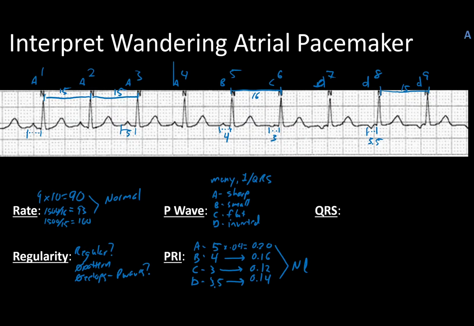Last but not least, let's go take a look at our QRS, and we can actually look off this entire screen that all of those are uniform regardless of the P wave that's in front of them. So we will go ahead and say we have the tiniest of Q waves on some of these. So we're going to go tiny Q, big R with no S. And if we measure these out, we'll just go like that and that.